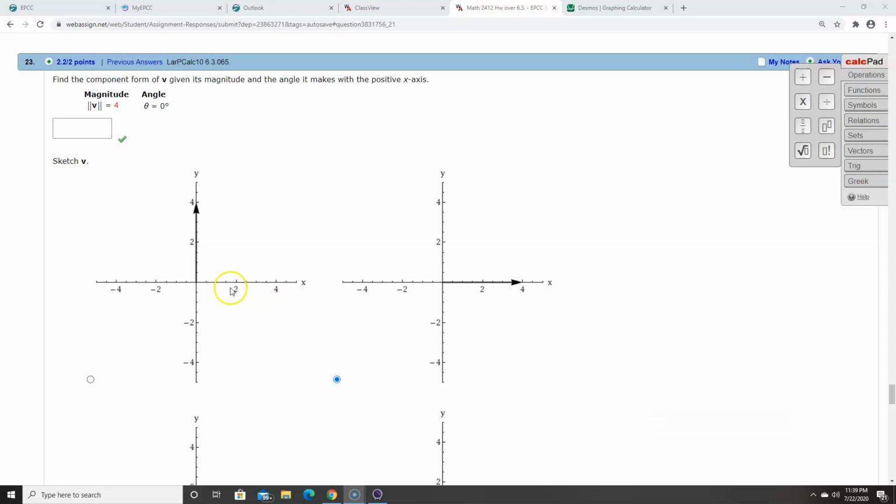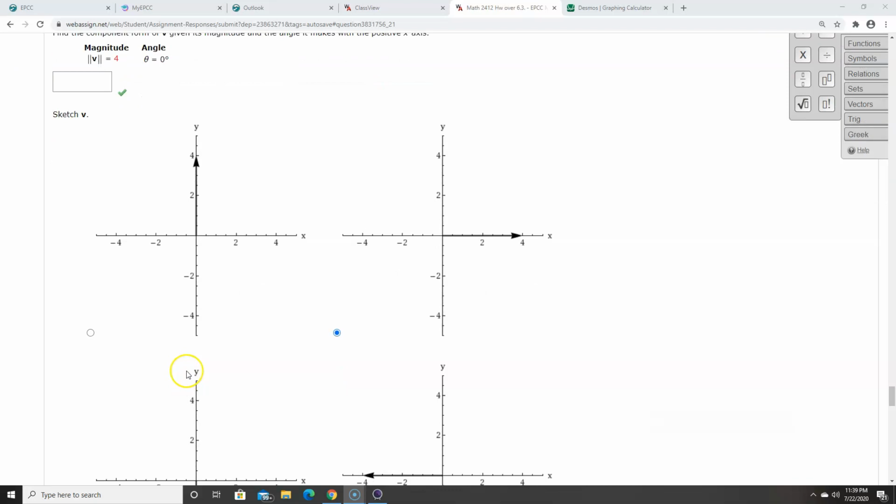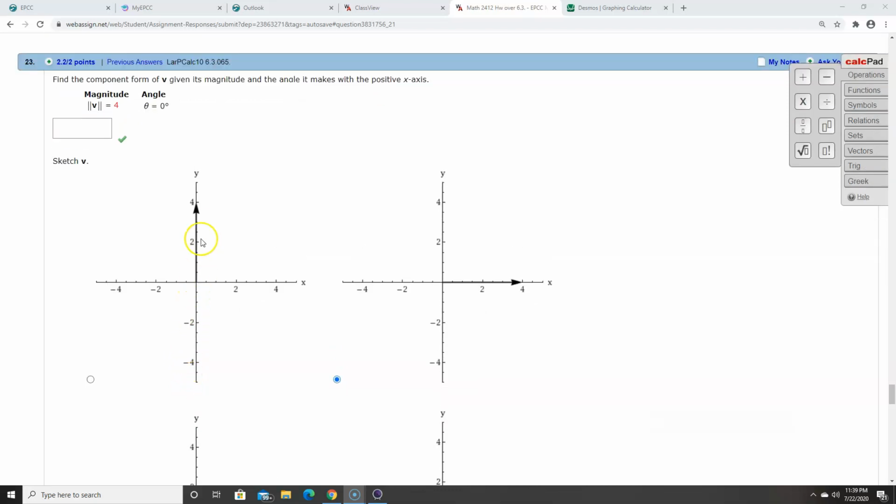So this will be the initial point of your vector in standard position, and the terminal point, or the tail of the vector, will be right here. So which one of these graphs matches that? Well, this one is going the wrong way. This one looks pretty good. Must be that one.